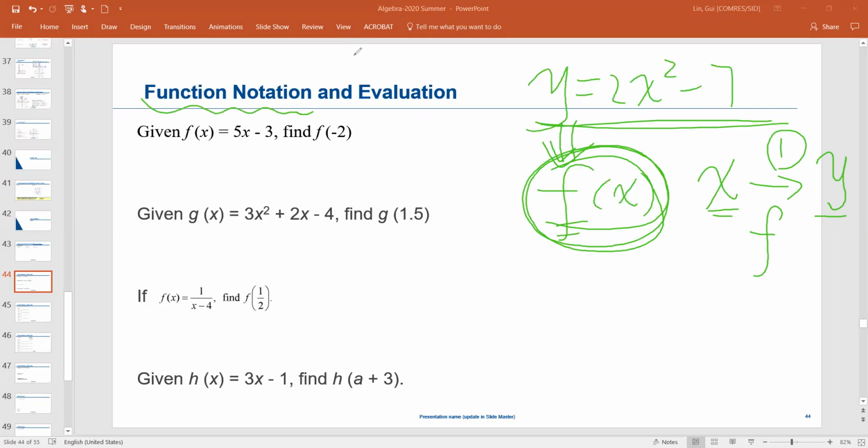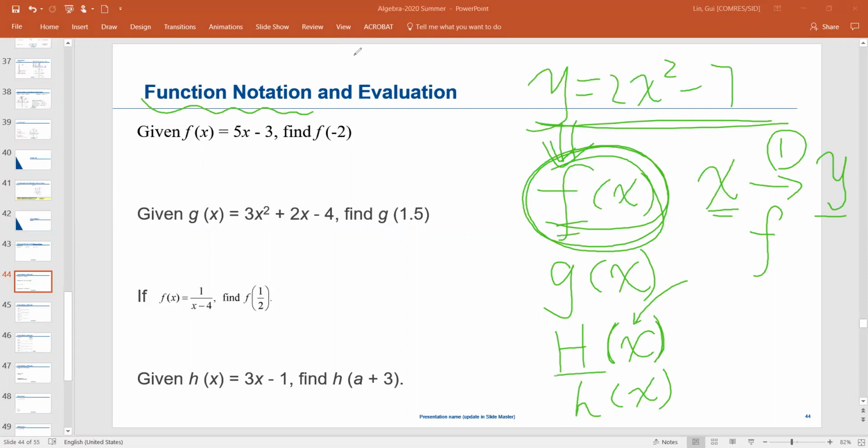We call it function notation. Of course, sometimes you can describe it like this, or use a different description, and many different kinds of descriptions, sometimes using the letter h. The parenthesis inside here is where you input some data. After the transformation, the output is actually the y value.